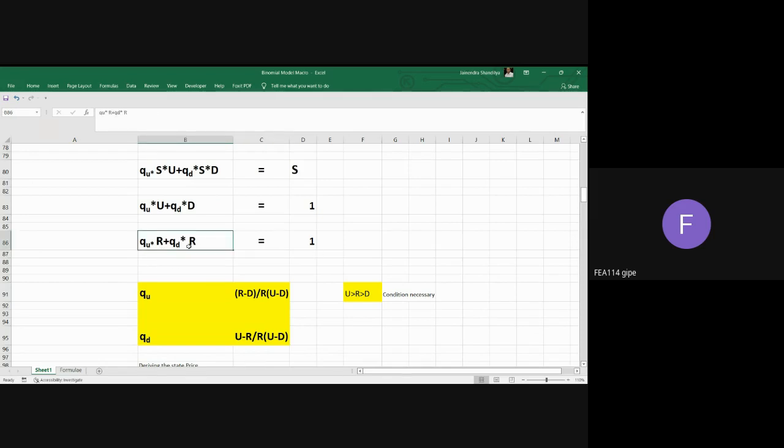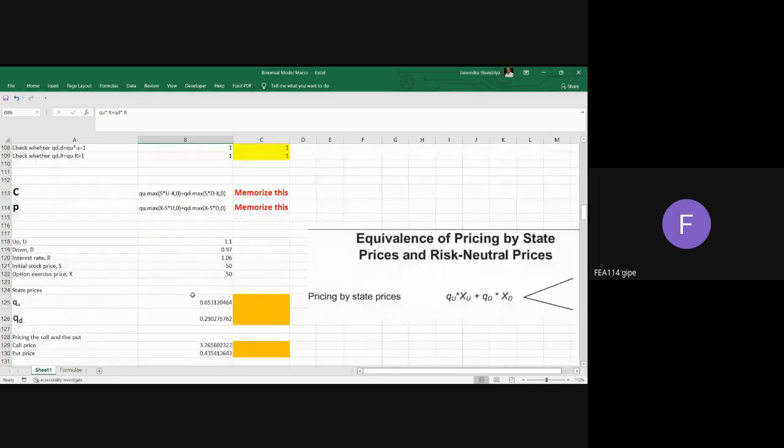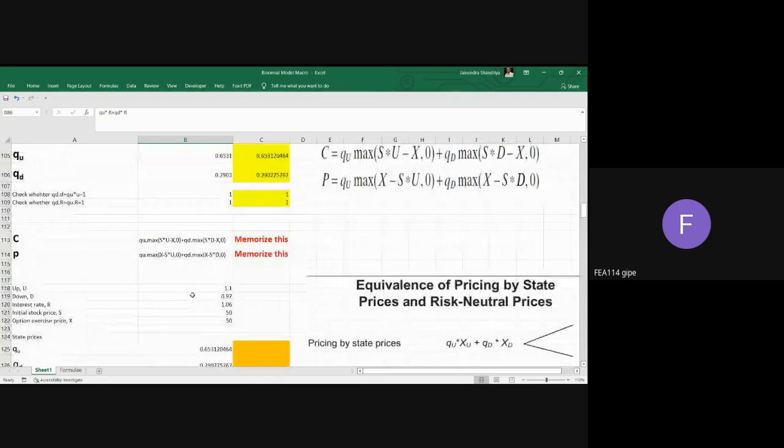Now I was telling you why this is important. Though we are pricing bond 1 in the state 0, in the sense that we are pricing it in such a way that if it goes up, its price becomes QU into R. If it goes down, price becomes QD into R. And in each case, we should be pricing it perfectly. But actually, there is more to it than just what we stated.